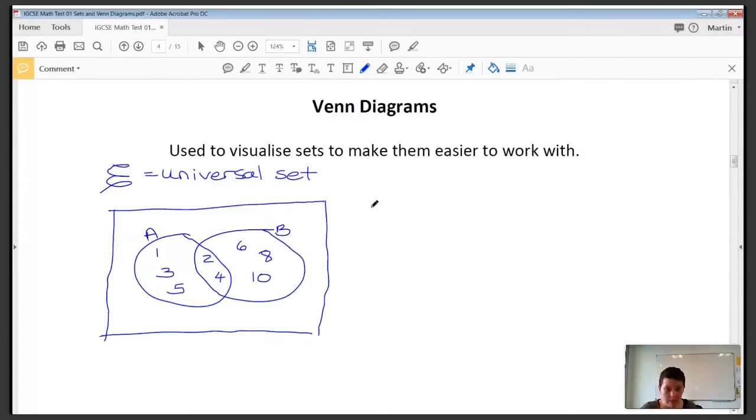Okay. So there's a few other bits of terminology to get busy with here. We've talked about A being this circle.